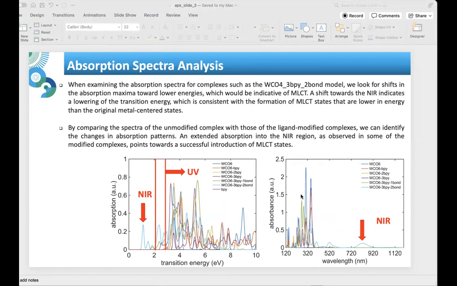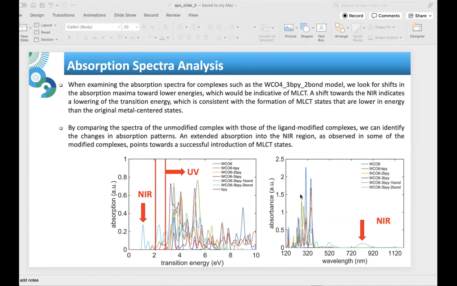In this model's absorption spectra, we are able to see that it shifts toward the lower range, which indicates metal to ligand charge transfer, and is consistent with the formation of the bond, because there is a bond creation between tungsten and nitrogen.